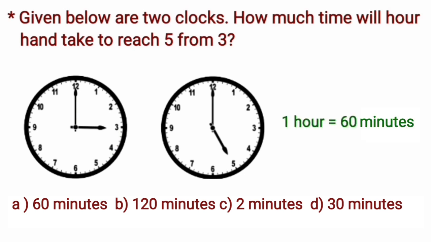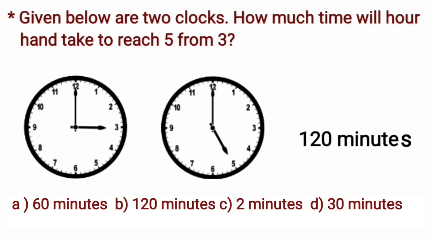Children, we know that 1 hour is equal to 60 minutes. So, by moving from 3 to 4, it takes 60 minutes. And for the next move, that is from 4 to 5, it will take 60 more minutes. So, 60 plus 60, it becomes 120 minutes.